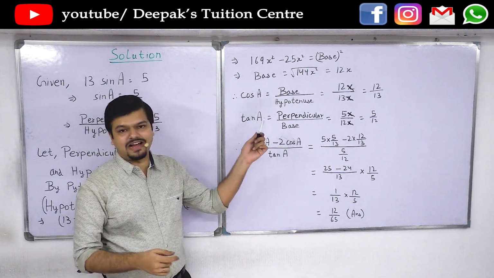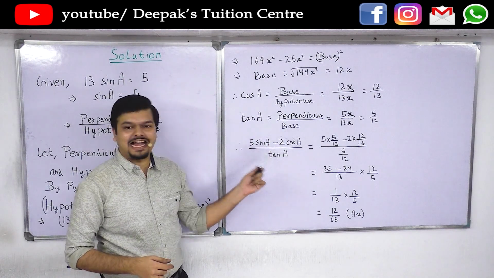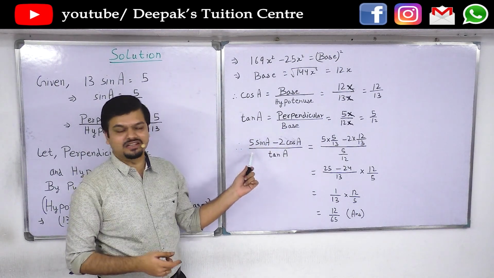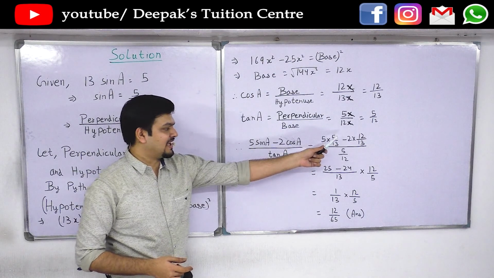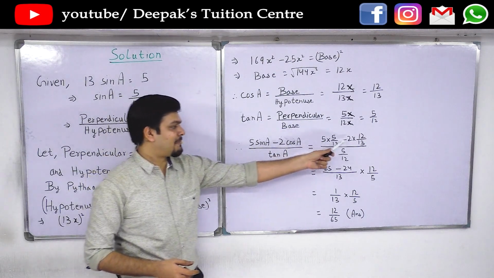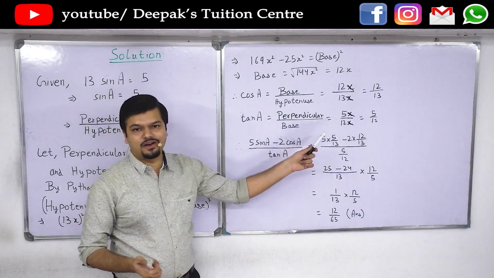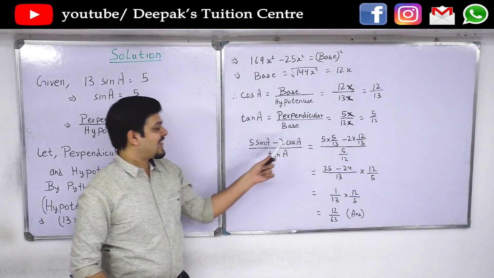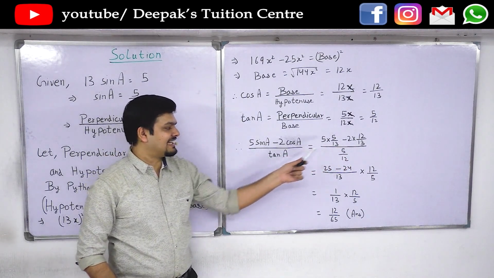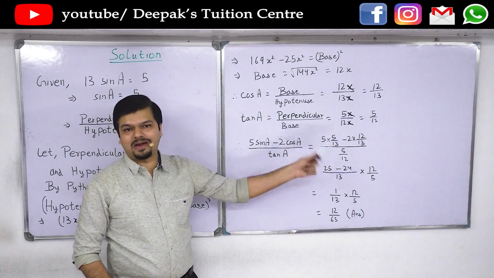Now I substitute the values of sin A, cos A and tan A in the required expression. So 5 into the value of sin A, that is 5/13, minus 2 into the value of cos A, that is 12/13, and the whole divided by tan A, that is 5/12.